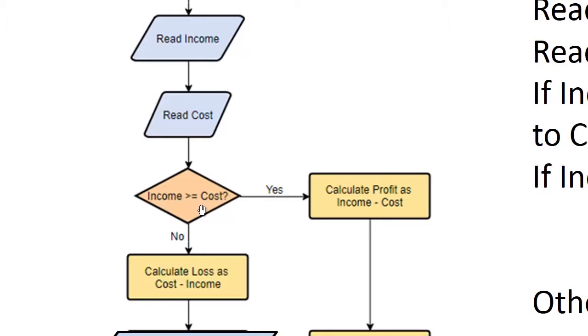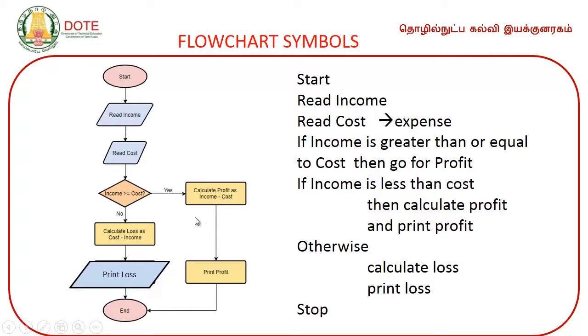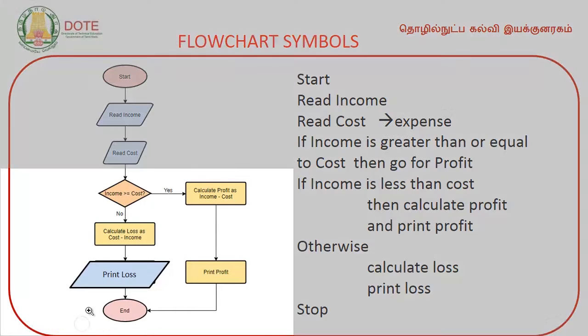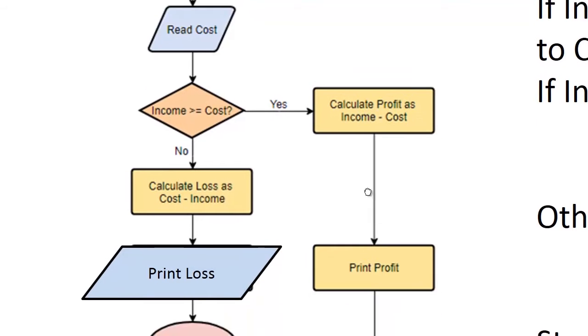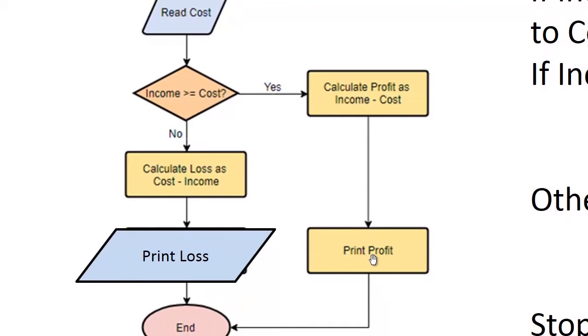We decide whether income is greater than or equal to cost. If it is greater, then we take a path and calculate the profit. Here the condition is true. If it is true, we calculate profit from income minus cost and we go to print. So, print the profit, then stop.